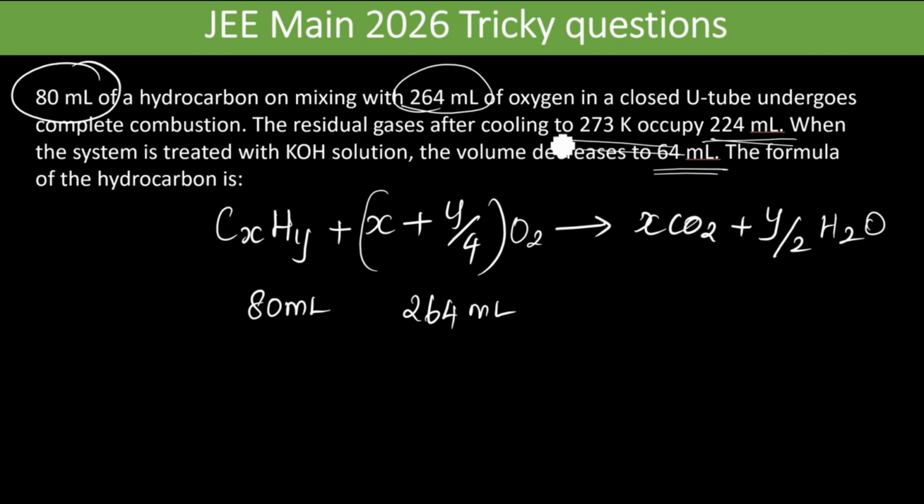The residual gases after cooling to 273 Kelvin, that is 224 ml. So the gases, that is 224 ml, it's not only CO2, it can be oxygen mixed. Okay, so now first we have to find how much oxygen is unreacted. So this is 80 ml.